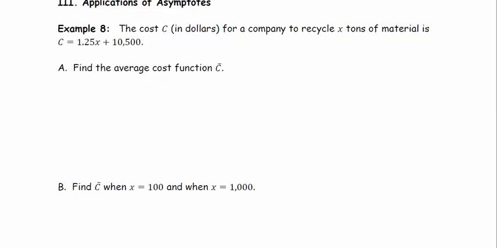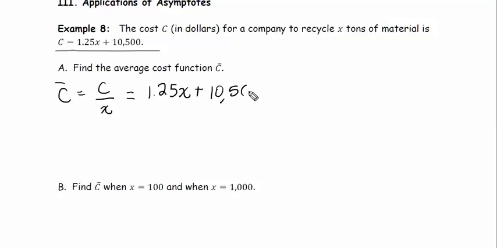The cost C in dollars for a company to recycle x tons of material is C equals 1.25x plus 10,500. Find the average cost, C bar. C bar is going to be C over x, so the cost divided by the number of units gives you the average cost per unit. So it's 1.25x plus 10,500 over x.